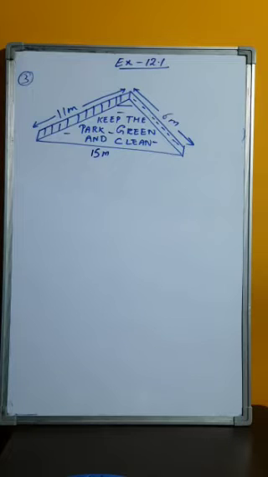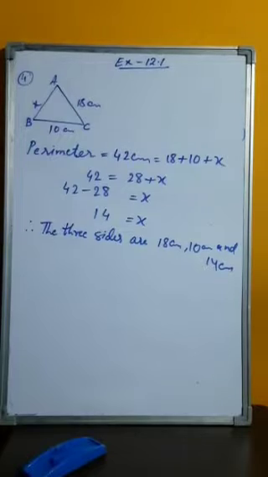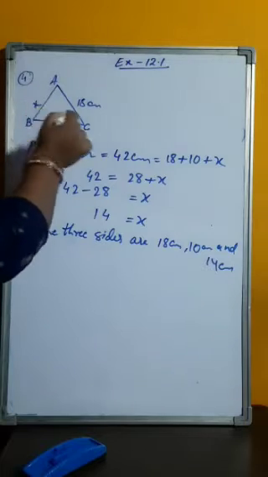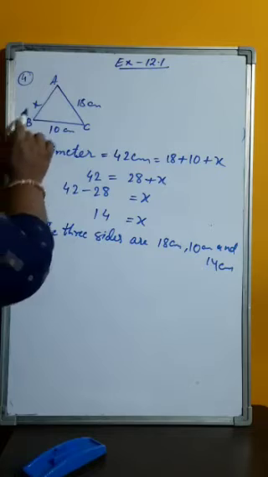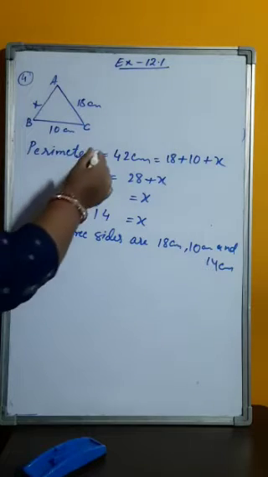Let us move to question number 4. In question number 4 it is given that find the area of a triangle, two sides of which are 18 cm and 10 cm and the perimeter is 42 cm. Here I took a triangle ABC, two of the sides are 18 and 10. The third side is not given but the perimeter is given.